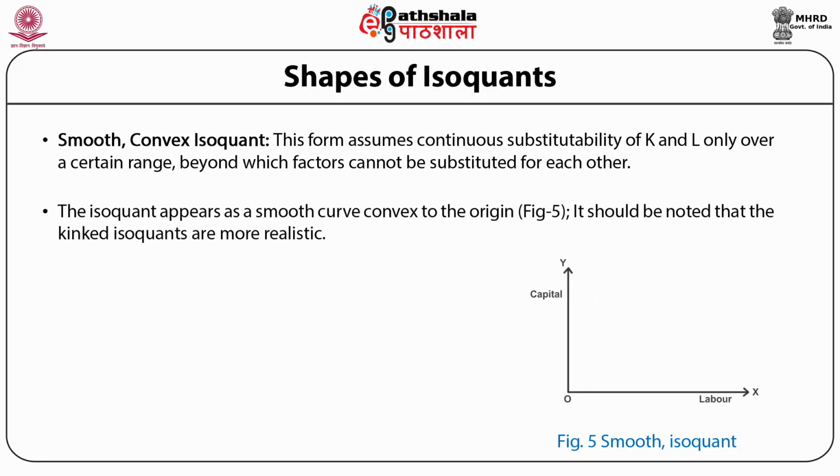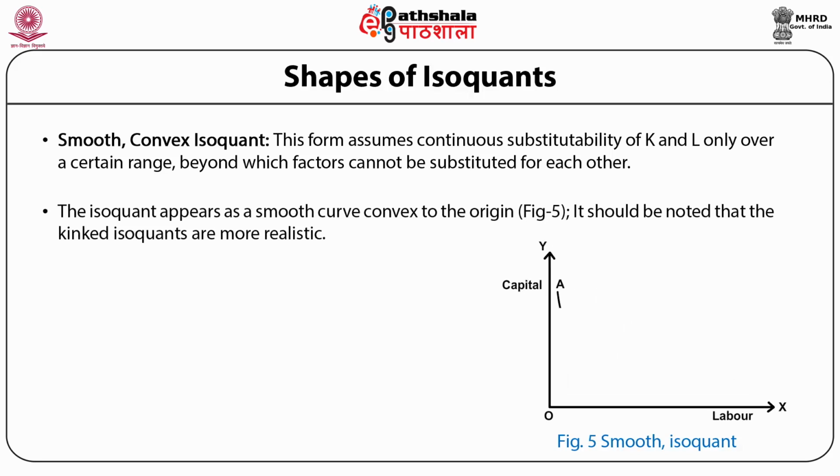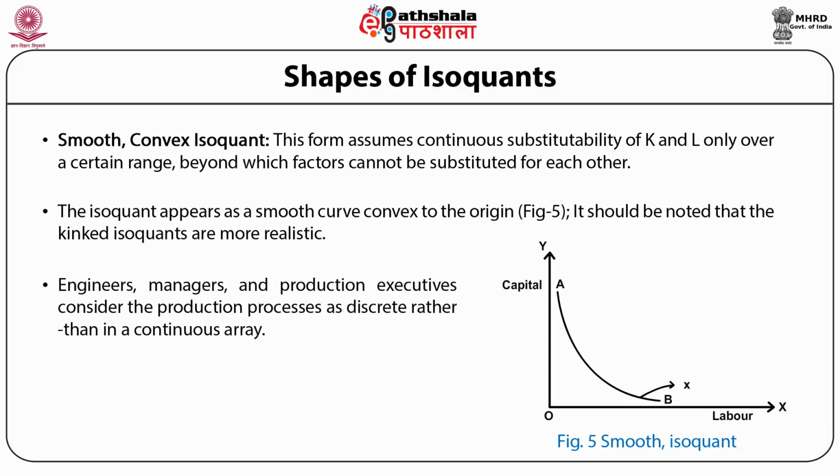The isoquant appears as a smooth curve convex to the origin, as shown in figure 5. It should be noted that the kinked isoquants are more realistic. Engineers, managers, and production executives consider the production processes as discrete rather than in a continuous array.